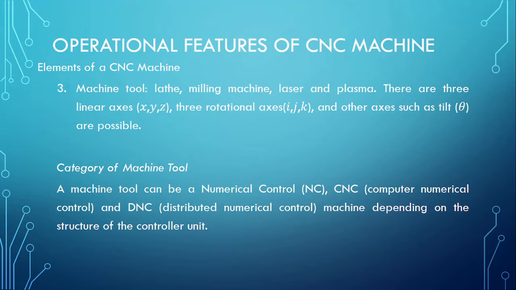A DNC machine is a network of CNC machines, where you have at least two CNC machines being controlled by a personal computer, and that personal computer receives feedback from the CNC machines.